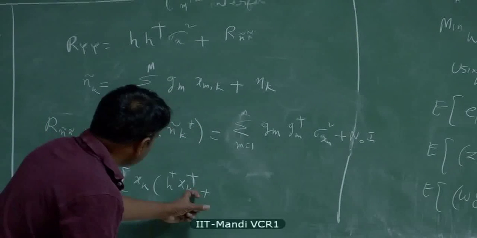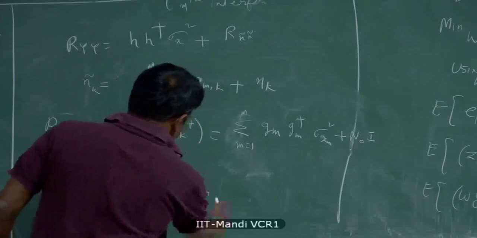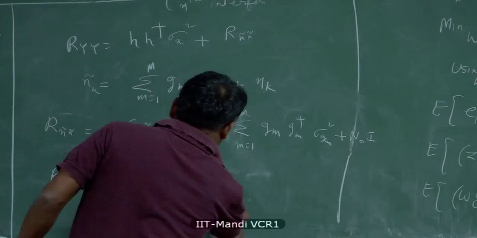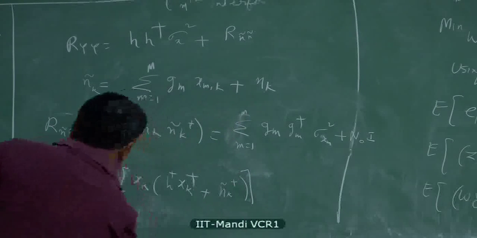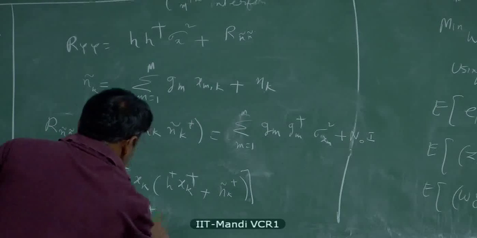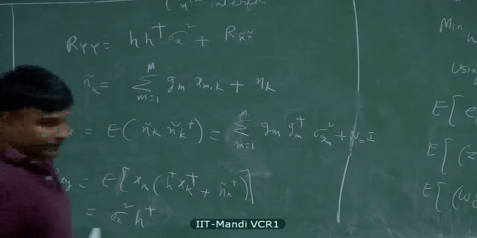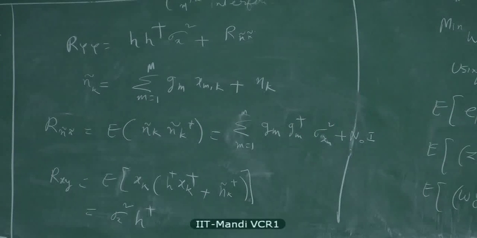I didn't take this other side because this is a scalar. When I did Hermitian, this is a vector. And that should be equal to sigma x square multiplied by h Hermitian. Okay?